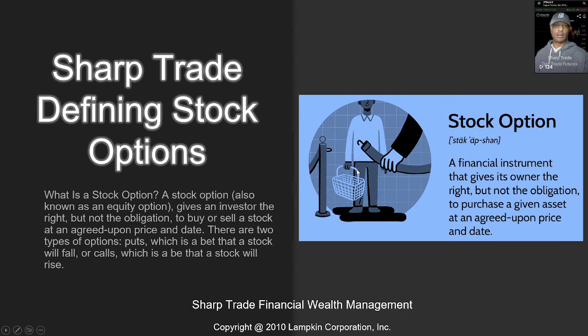All right, so this one is a little bit more complicated. This is stock options. Stock options is a derivative. I don't get scared by the word. It's a derivative, meaning it derives from stocks, right? Another way to look at it is like if I was at the casino playing dice, right?